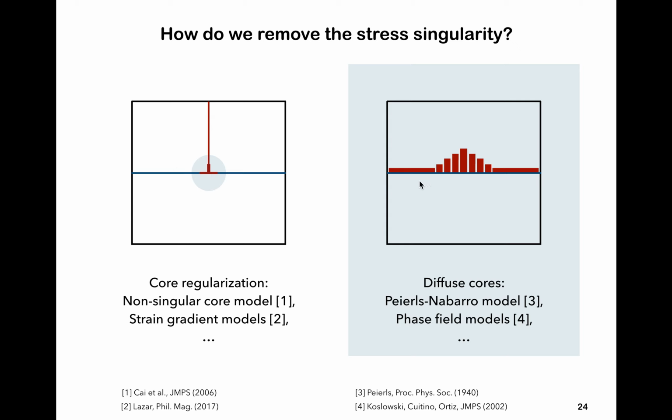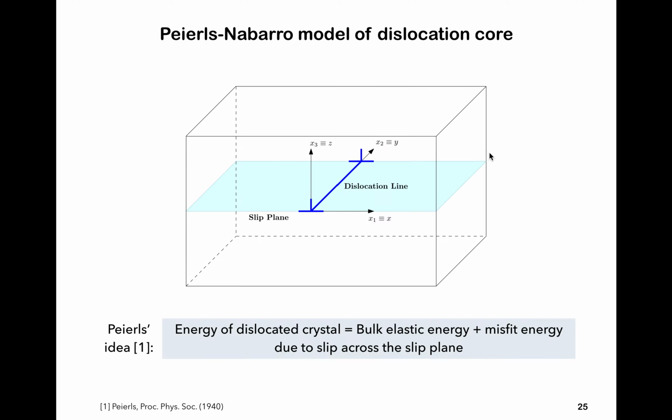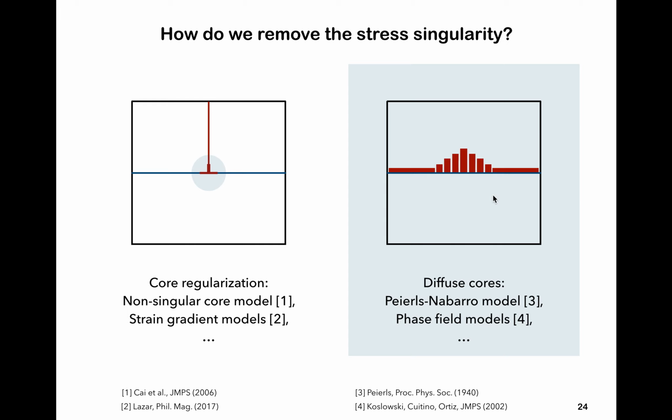But what if you were to model it as a diffuse slip? So the slip is not happening in a sharp manner, but rather it happens in a diffuse manner. It turns out this is also a way in which you can remove the singularity. And the nice thing about the diffuse core approach is that it is more realistic. It is in fact closer to how we view slip using transmission electron microscopy images.